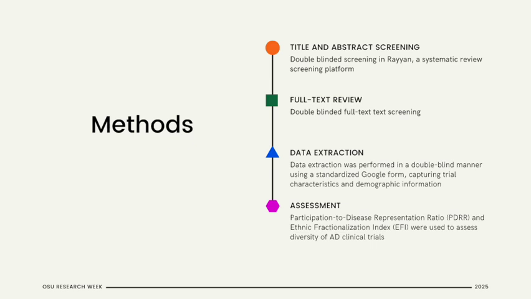Trials were included if their national or multinational EFI score was greater than 0.3, which ensured that the representation was from ethnically diverse populations reflective of the US demographic landscape. These PDRR values were calculated based on US population data and then analyzed as point estimates for each demographic group, with our standard error derived from individual sample sizes.